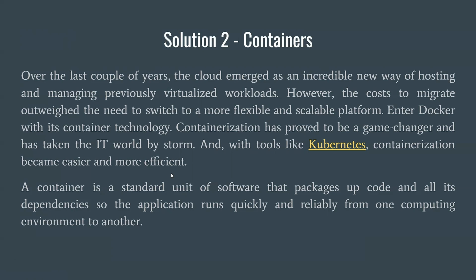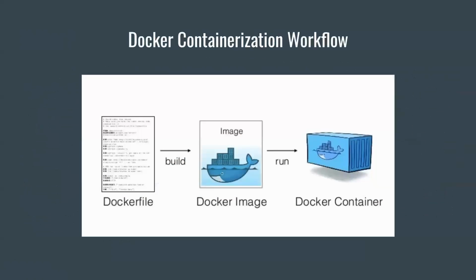Like I was saying, the container is a software unit of code that packages all the dependencies so that it can be run on any system. So this is the workflow of a Docker containerization. For each project, we can have something called a Dockerfile, which is a set of instructions to build a Docker image.